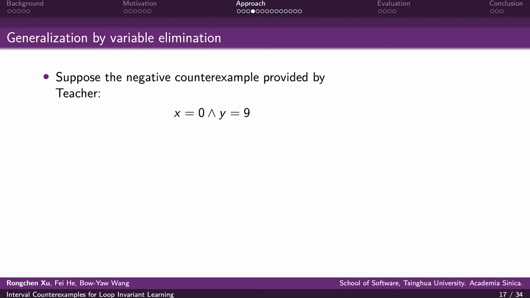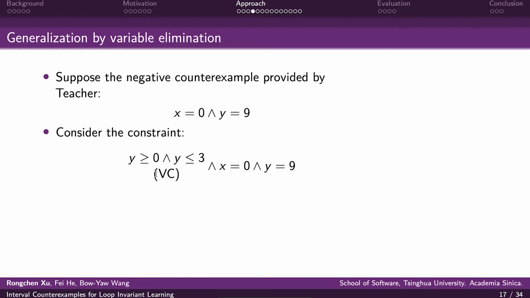Assume that the SMT solver returns the counterexample x equals 0 and y equals 9. Consider the conjunction of the verification condition and the valuations in the counterexample. Obviously, the whole formula is unsat.